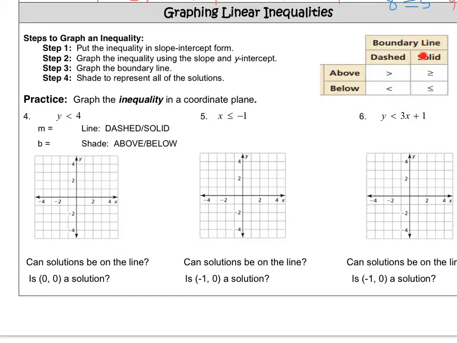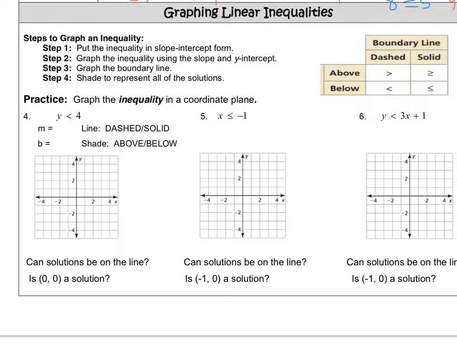You've only graphed solid lines in the past. Now we also have the option of graphing a dotted line. And then once the line is graphed, we have to decide, are we shading above our line or below our line? Those are really the two things that you'll learn today, in addition to what you already know about how to graph a line.